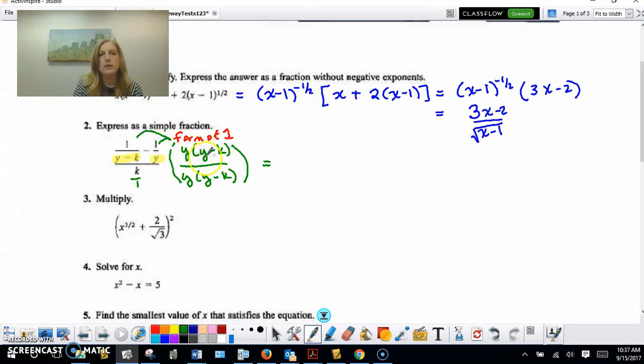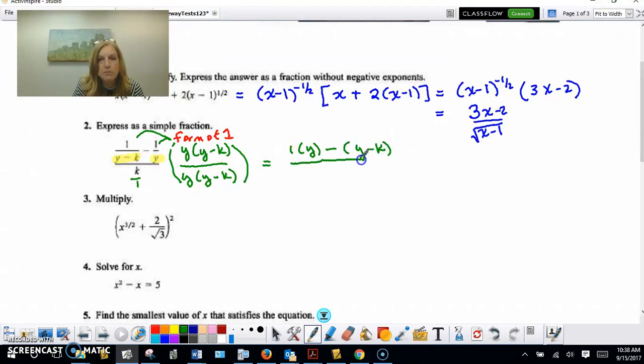The point of using the LCD is that it will cancel out the denominator in the numerator of this complex fraction. So the y minus k's would cancel, and you'd be left with 1 times y, and then this times the second fraction, the y's would cancel, and you'd be left with parentheses y minus k.